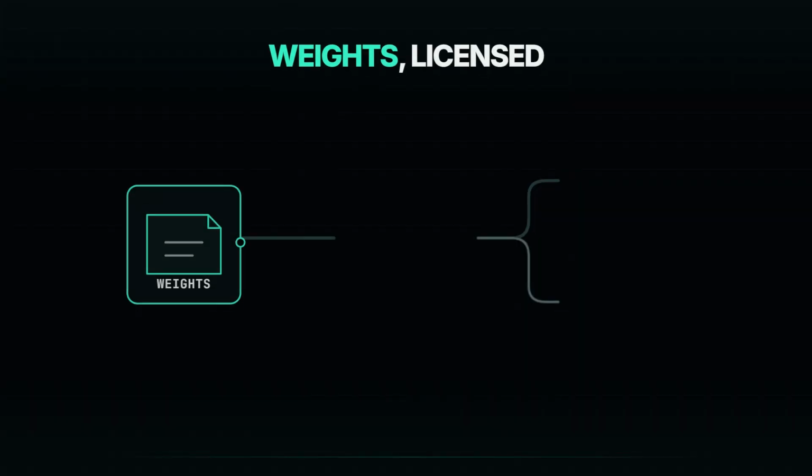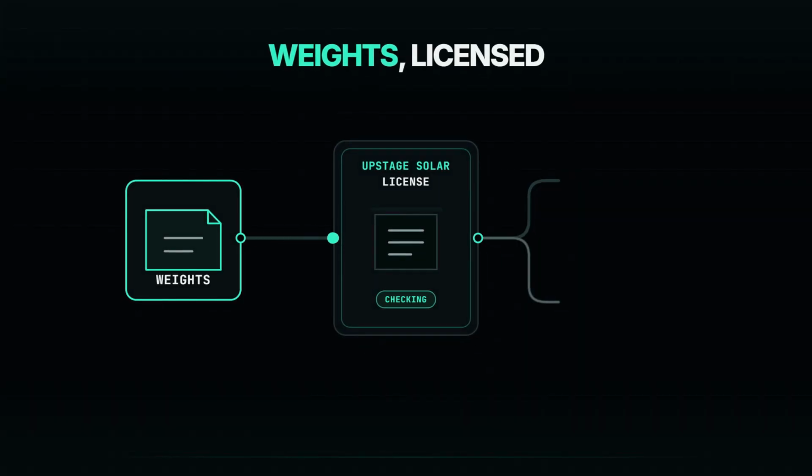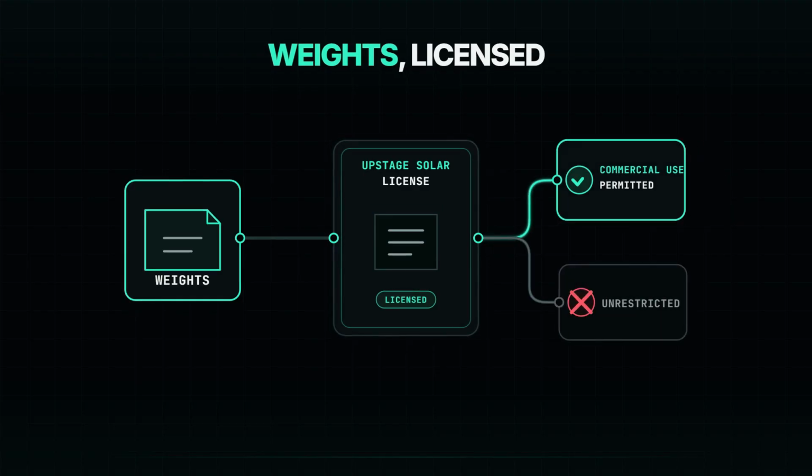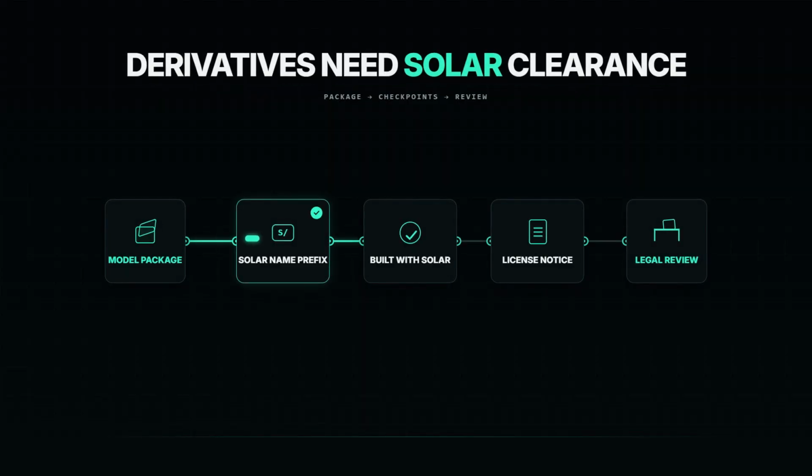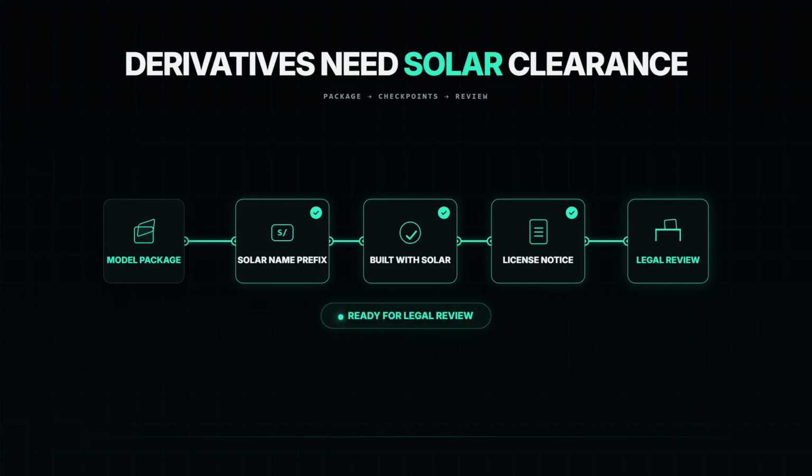The weights are downloadable, and commercial use is permitted under the Upstage Solar license. That is open weight access, but builders should not casually translate it into unrestricted open source. The model card says derivative AI models must use a Solar name prefix, display built with Solar publicly, and include the license notice. Product teams should review the full text.